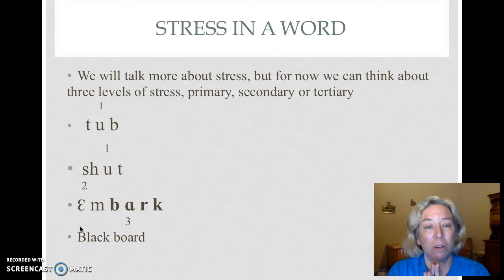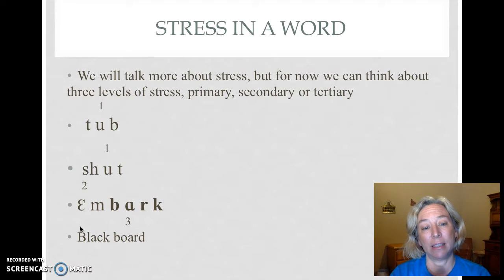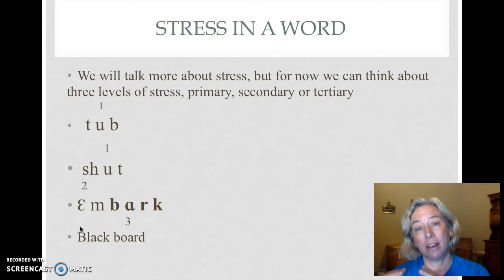And so in the word blackboard, typically "board," the "or," would be a very full vowel. But in this case, blackboard, blackboard. There's so much stress on black, the word black, that in this context, board gets what we call tertiary stress.